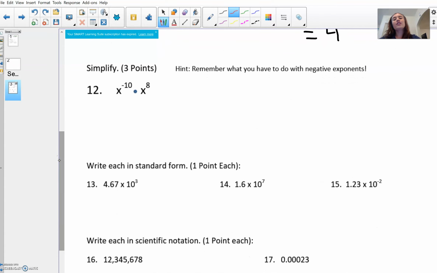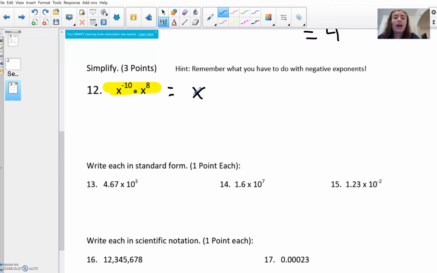Okay, so number 12. This is something that is review. We talked about this in lessons 2 and 3. We are multiplying the monomial x to the negative 10th times x to the 8th. So this is the product rule on your wheel. We took our base x and we added our exponents.